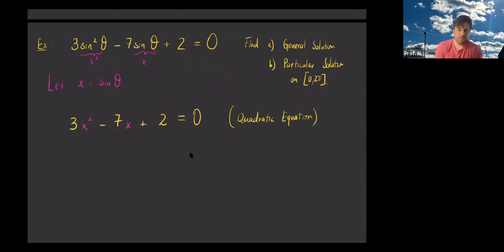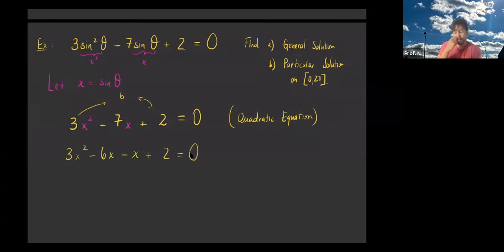Well, you can use the quadratic formula, or use the AC method. In this case, 3 times 2 is 6. What multiplies to 6 but adds to negative 7? Well, it's negative 6 and negative 1. So I can write this as 3x squared minus 6x minus x plus 2 equals 0.